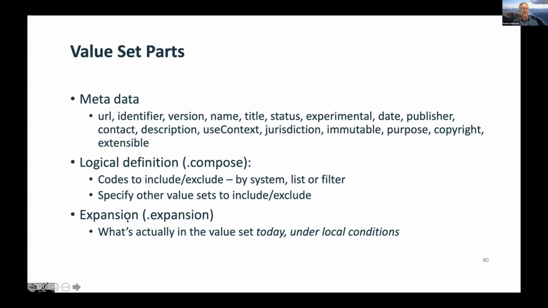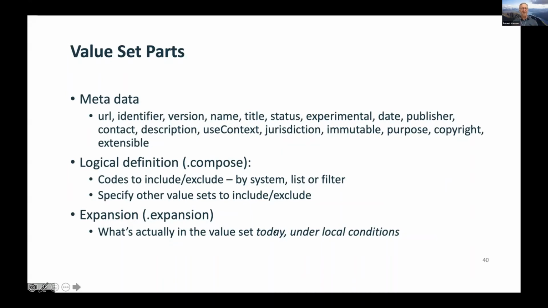And then we have this notion of expansion. These two things go together. The compose defines it, and the expansion then says, well, looking at that definition, let's process that definition and look at the code system as it is today, maybe it's more than one code system, all the code systems with their particular versions, and determine what this actual set of codes is.